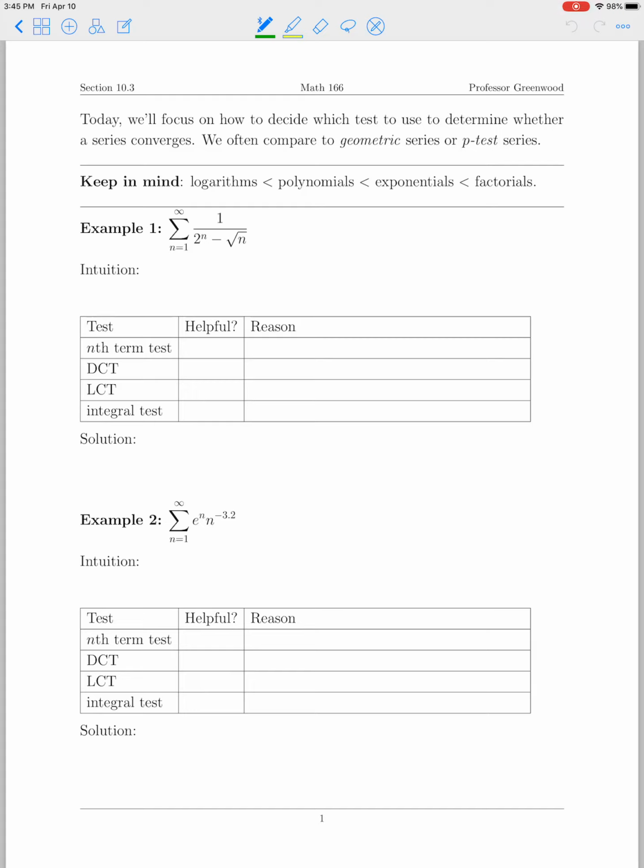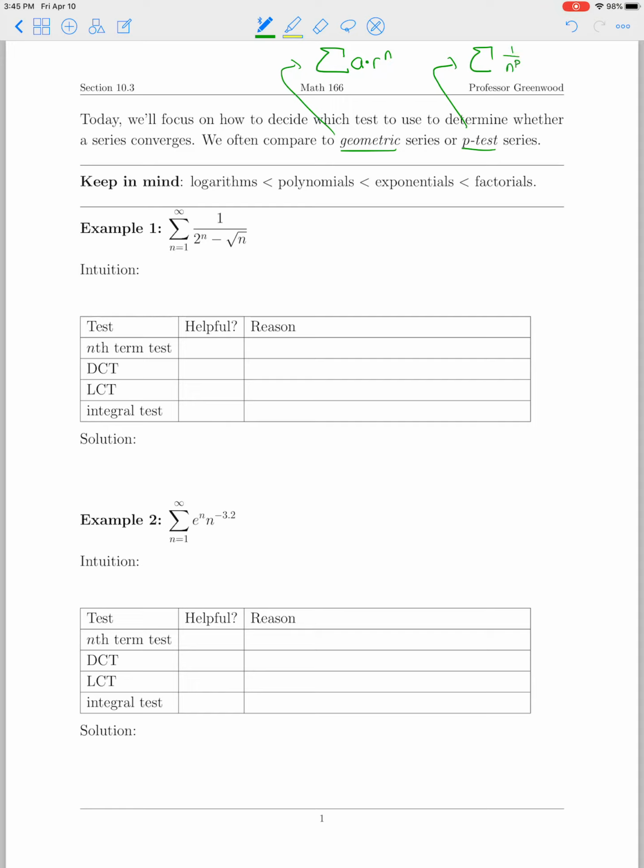And typically that means either a geometric series or a series where you could use the p-test. And so as a quick review up here, a geometric series is any series of the form a times r to the n. In other words, between the terms, you're multiplying by that constant r. Or the p-test corresponds to series of the form 1 over n to the p.